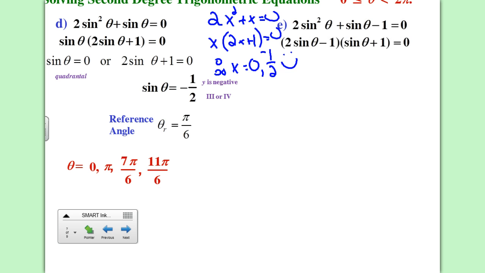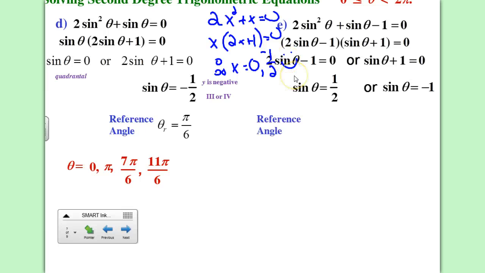In the next example, again, look at this as though you are just factoring like you would in Math 20. If you factor it with sines, you get 2 sine theta minus 1 and sine theta plus 1. So sine theta would equal 1/2, or sine theta would have to be minus 1.